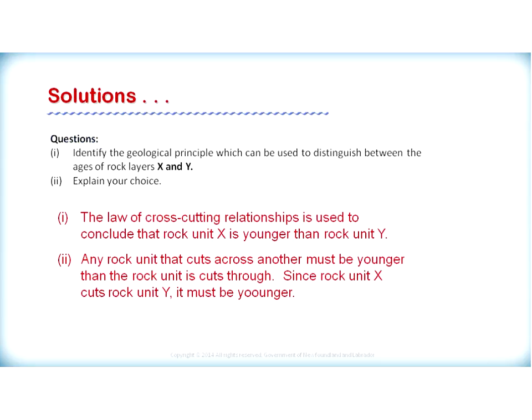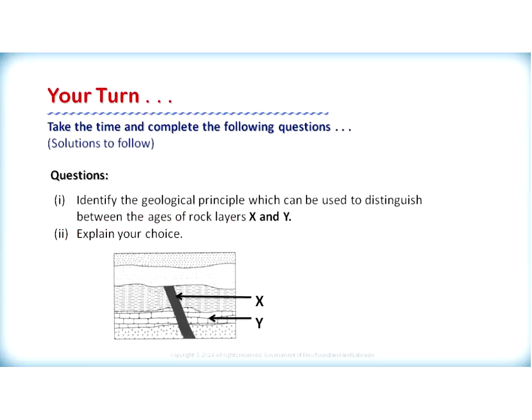Now that you had time to prepare your solution, let's look at the question. The question reads, identify the geologic principle which can be used to distinguish between the ages of rock layers X and rock layers Y. So if we go back to the diagram, we see that rock layer X is an intrusion which cuts up through 1, 2, 3 rock layers.